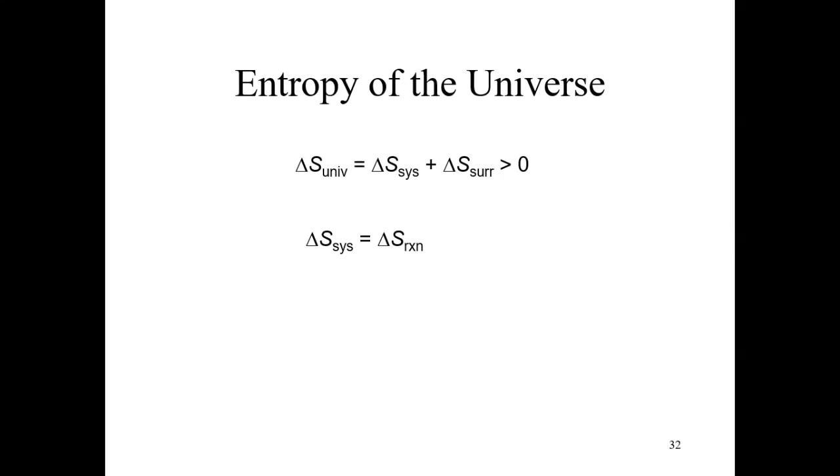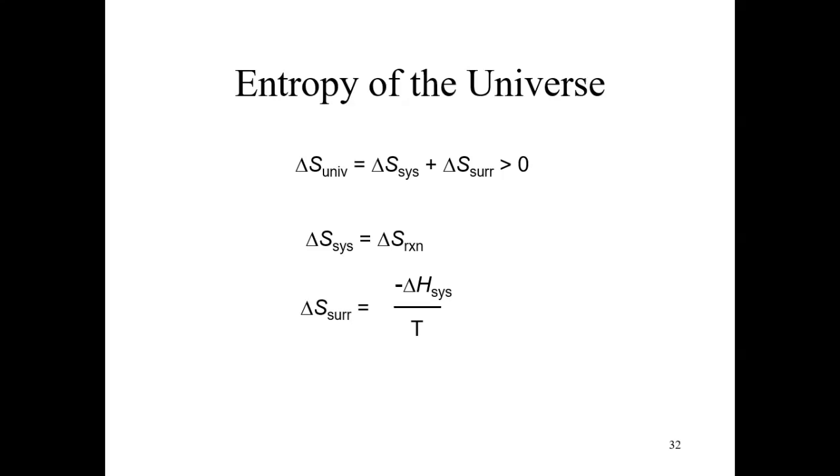What did we say about the entropy of the surroundings? We said it is directly proportional to the negative of delta H and inversely related to the temperature. So let's go ahead and make that into an equation. And again, I am skipping a few math steps in here because, like I said, some of the math here is beyond the scope of our discussion.